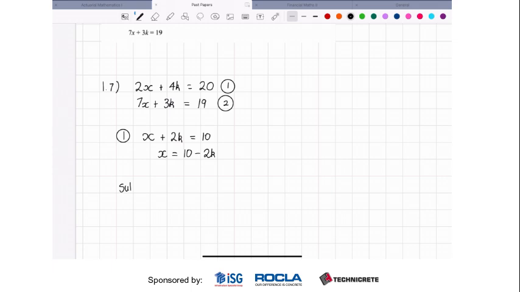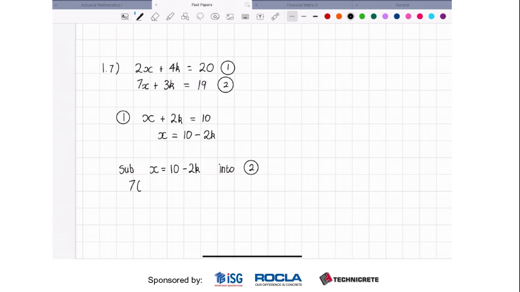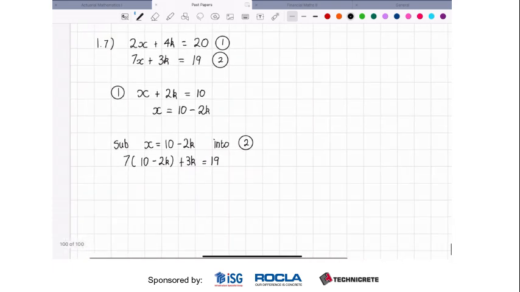So I'm subbing my expression for x, 10 minus 2k, into equation 2. So I'll have 7 times 10 minus 2k plus 3k equals 19. Then I distribute the 7.